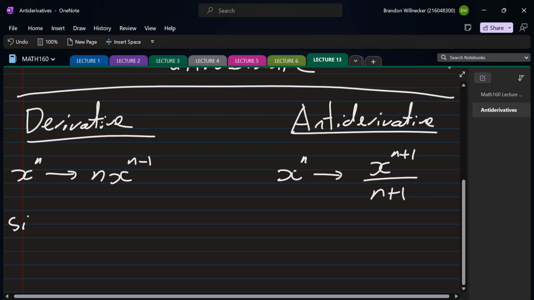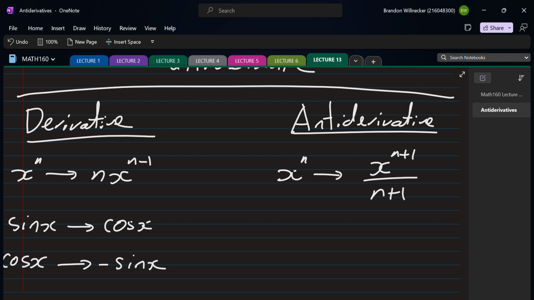Okay, the derivative of sine x, that was cos x, and the derivative of cos x, that's going to be minus sine x. Okay, we know that, we've done that many times before. Now, when doing the antiderivative, we want to go backwards. So if we have cos x, the antiderivative, we just look backwards along the arrow, we get sine.